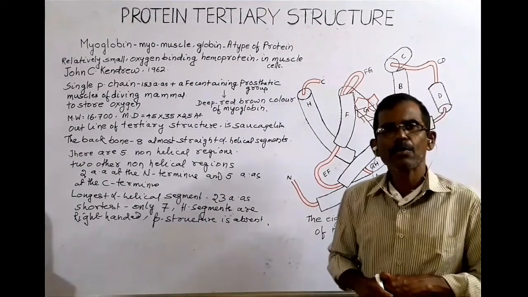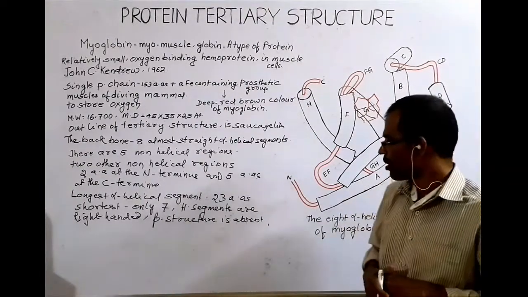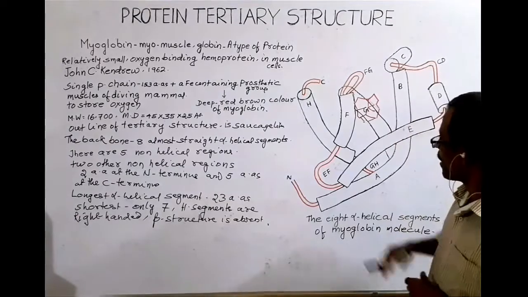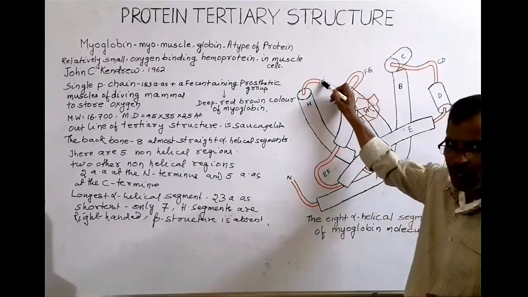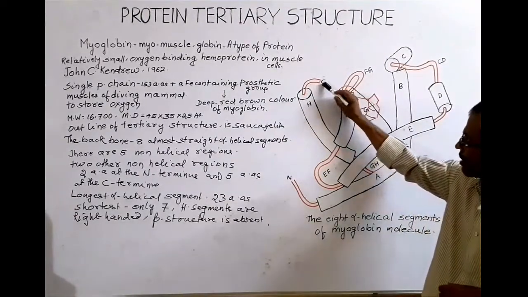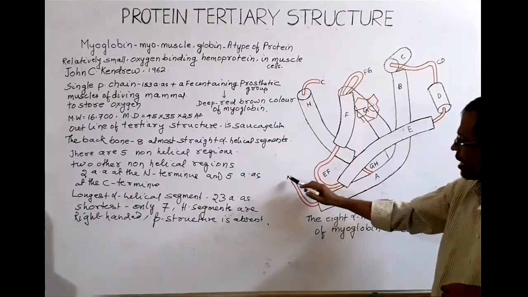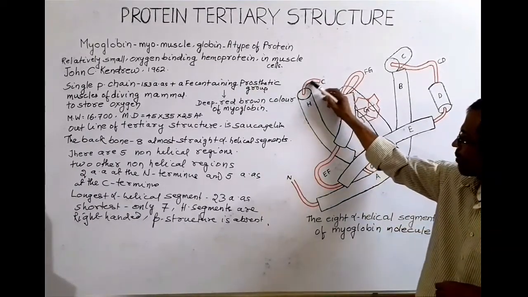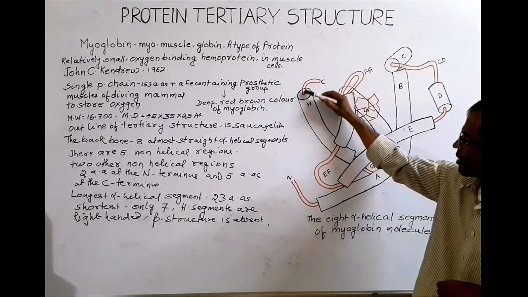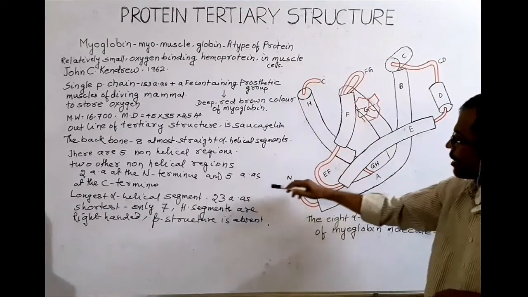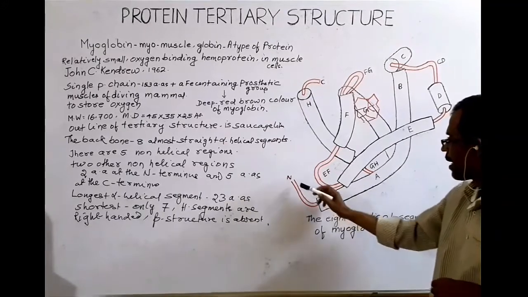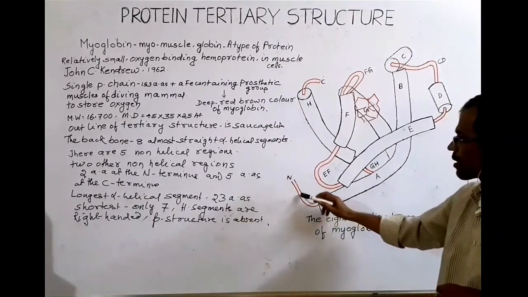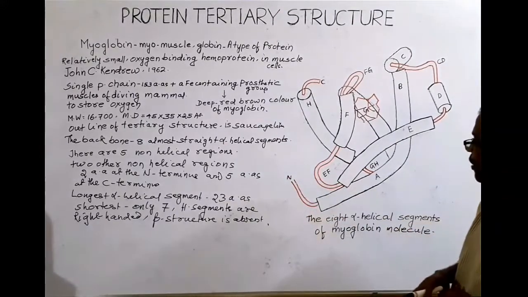In myoglobin, beta pleated sheet is entirely absent. The C-terminus peptide contains 5 amino acids and the N-terminus segment contains only 2 amino acids.